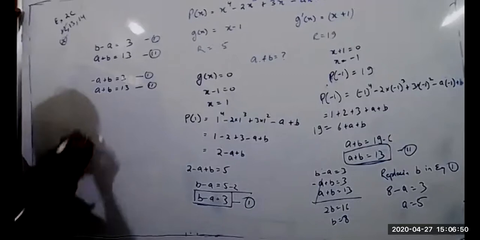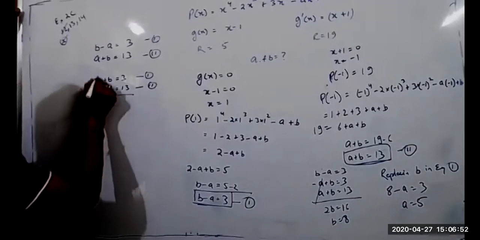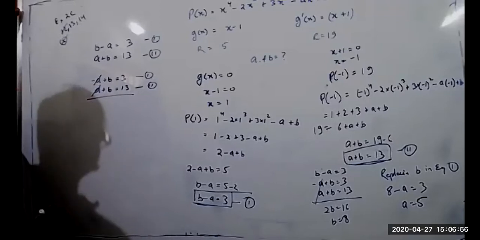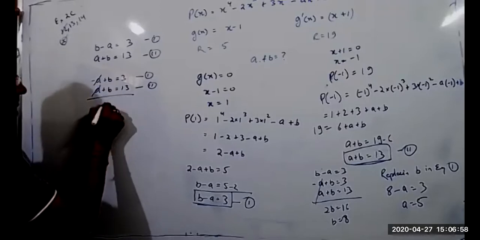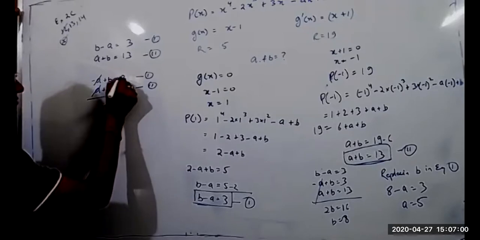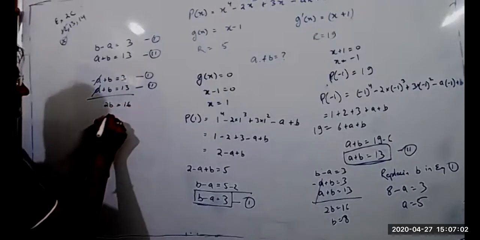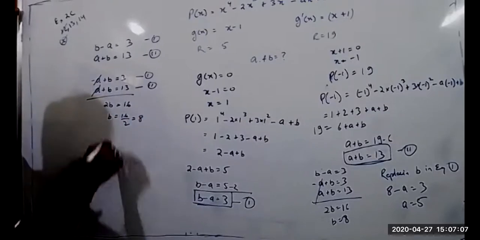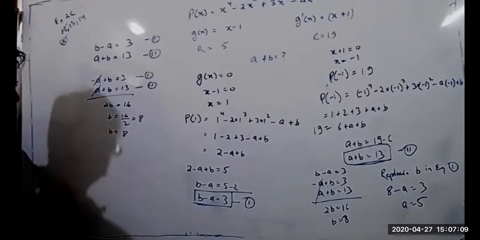Correct? Adding both sides, minus a plus a is gone. b plus b is 2b, 2b is equal to 3 plus 13 is 16, b is equal to 16 by 2 is equal to 8. So we've got b equals 8.